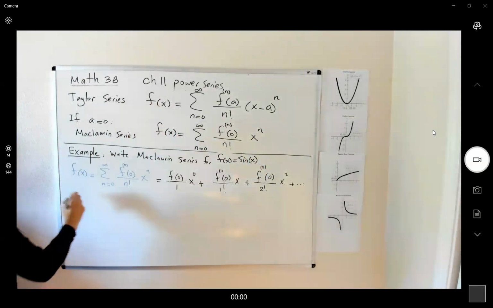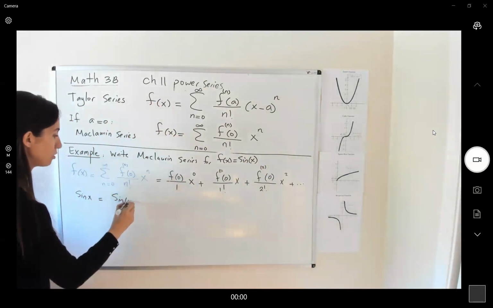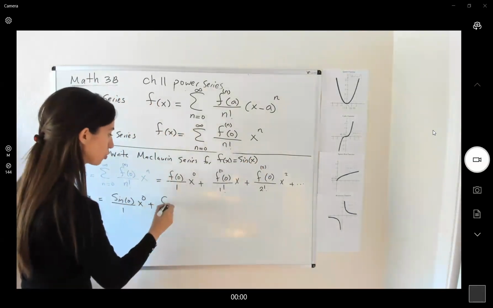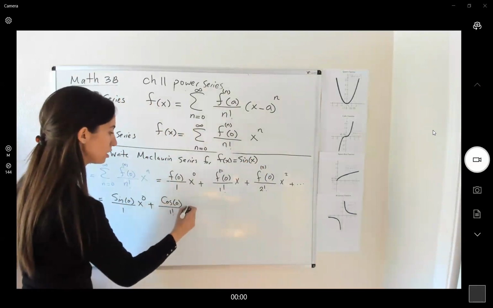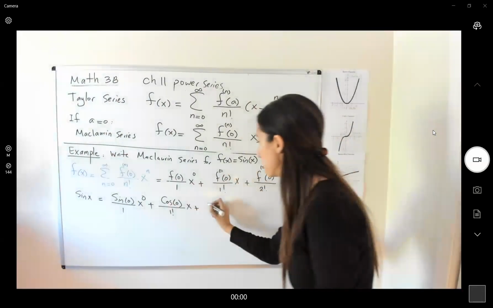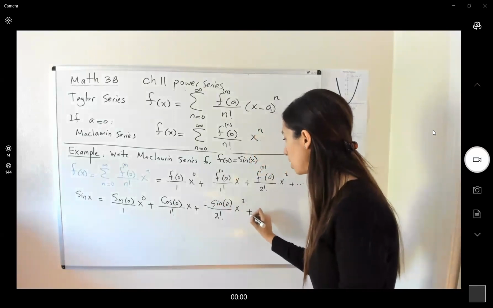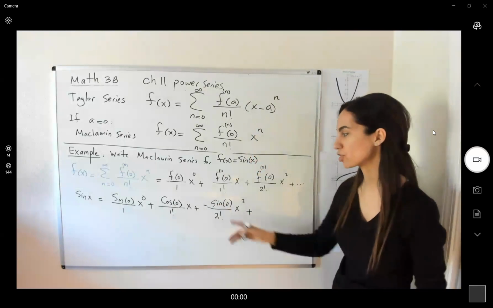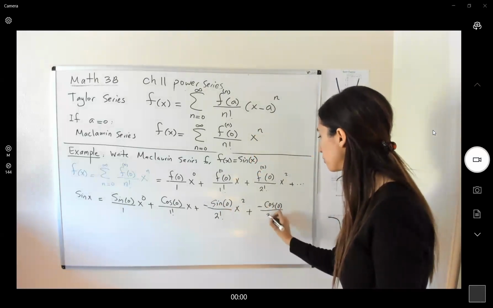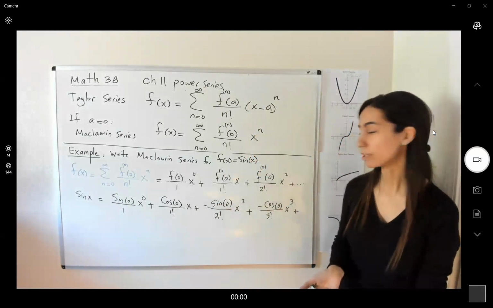Sine of x is equal to sine 0 divided by 0 factorial, x to 0, plus the first derivative of sine, which is cosine, so you get cosine 0 divided by 1 factorial times x, plus the second derivative of sine, which is the derivative of cosine, minus sine, evaluated at 0 divided by 2 factorial x squared, plus the third derivative, which is the derivative of negative sine, giving minus cosine 0 divided by 3 factorial x to the third, plus the fourth derivative, which is the derivative of negative cosine, which is sine.